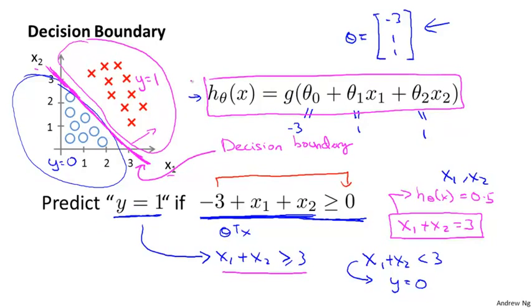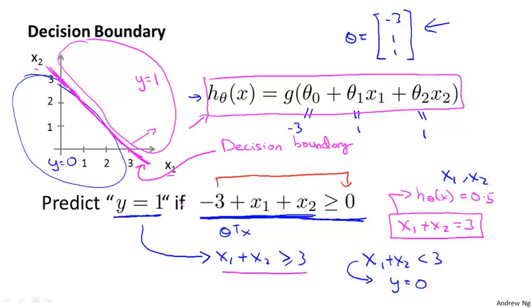And in the figure, I drew a training set, I drew a data set in order to help the visualization. But even if we take away the data set, this decision boundary and the region where we predict y equals 1 versus y equals 0, that's a property of the hypothesis and of the parameters of the hypothesis, and not a property of the data set.